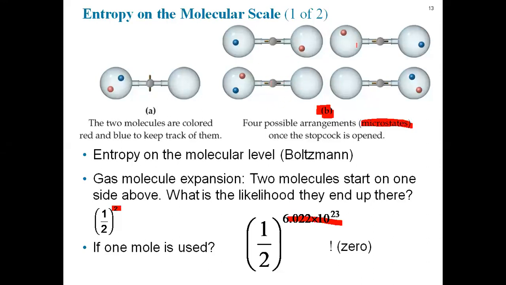The other is evenly distributed. If you have more particles, how many are on the left and how many on the right? Let's say you have 4: you might have 3 here and 1 there, or 2 and 2, or 1 and 3.